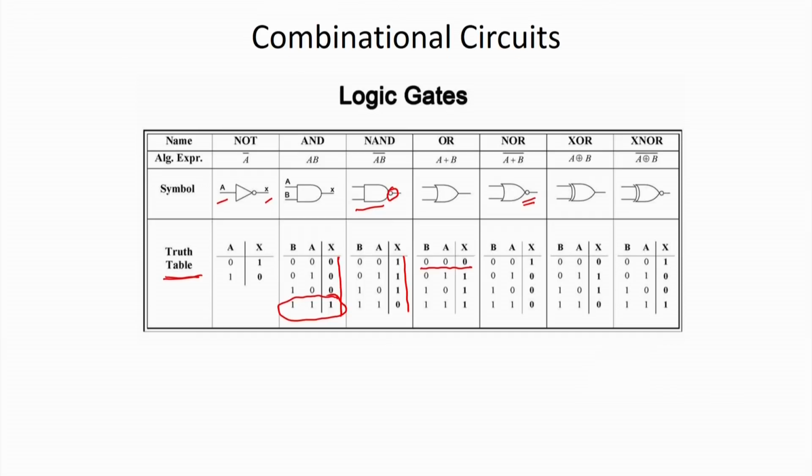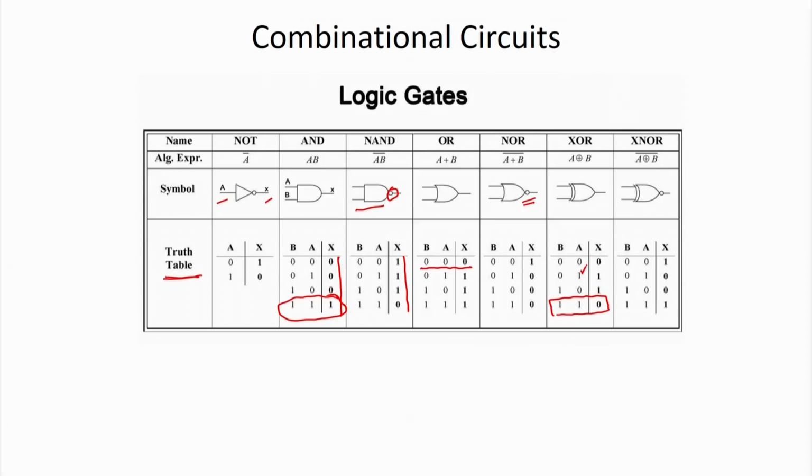Like that, we have another function called XOR. It is called exclusive OR. In case of OR, if any one is high, then we say the output is high. But in case of XOR, we say that output is high provided only one of them is high. So, in that particular case, if both are high, the output is 0.